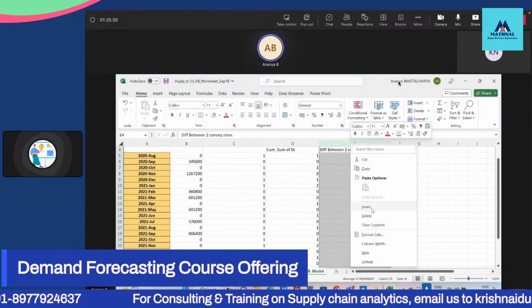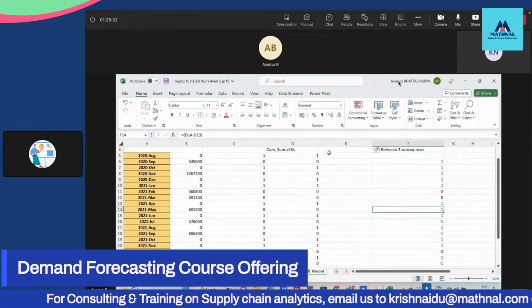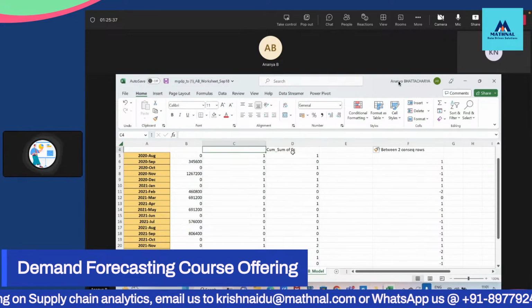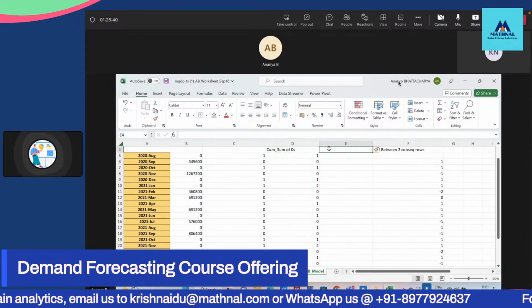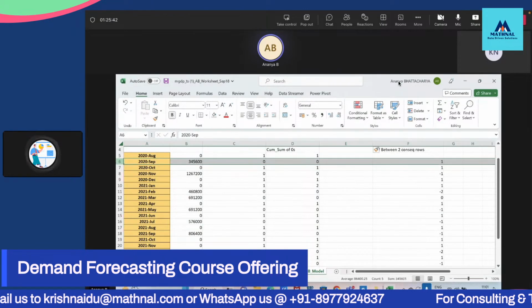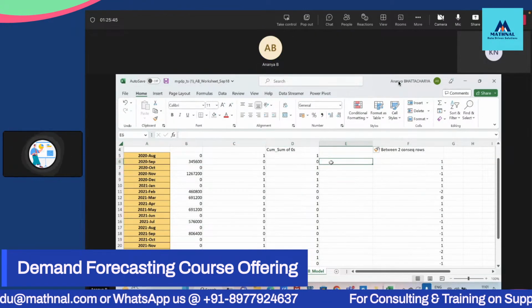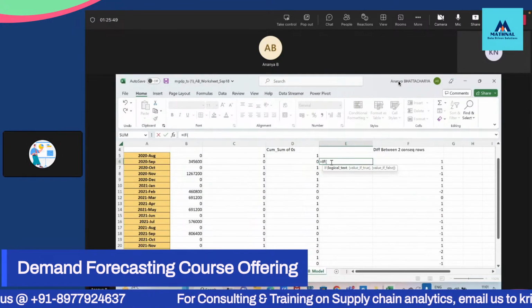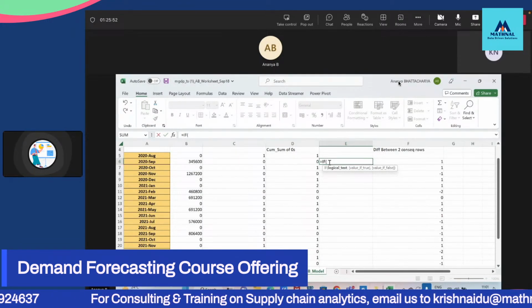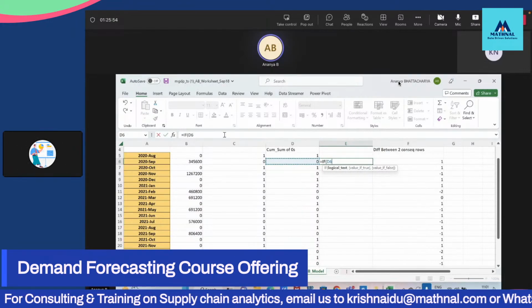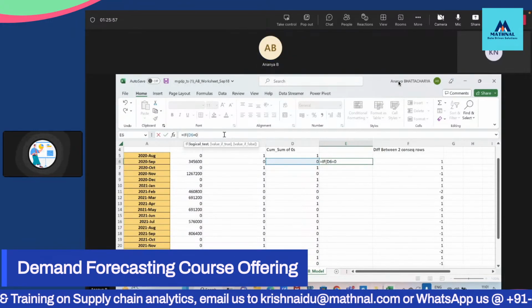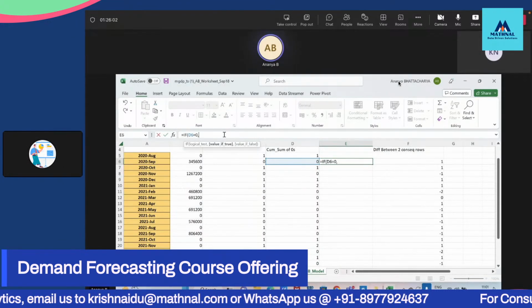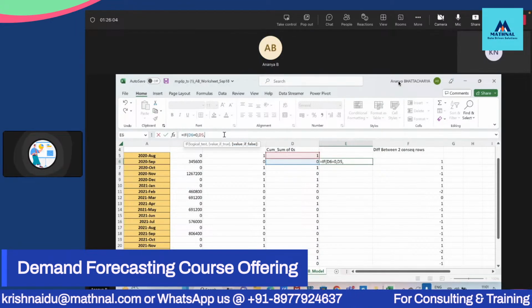We wanted to create a column. Should I create it here? Create a column there. Now go to E6, sorry, E6. Write a formula: if D6 equal to 0, give me D5, else blank.